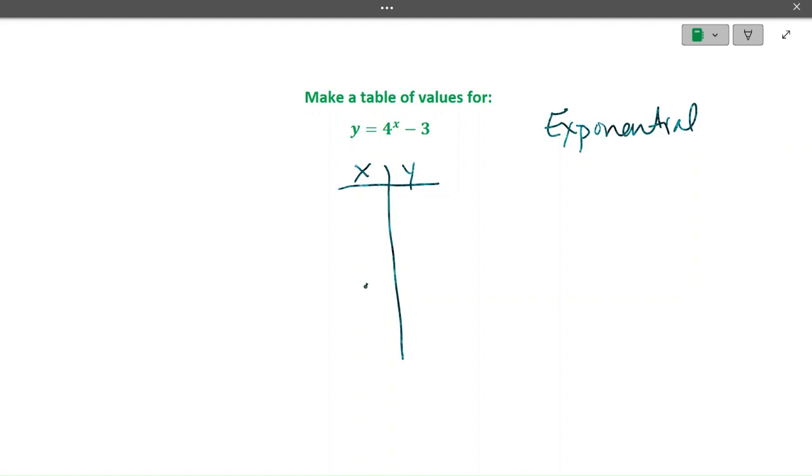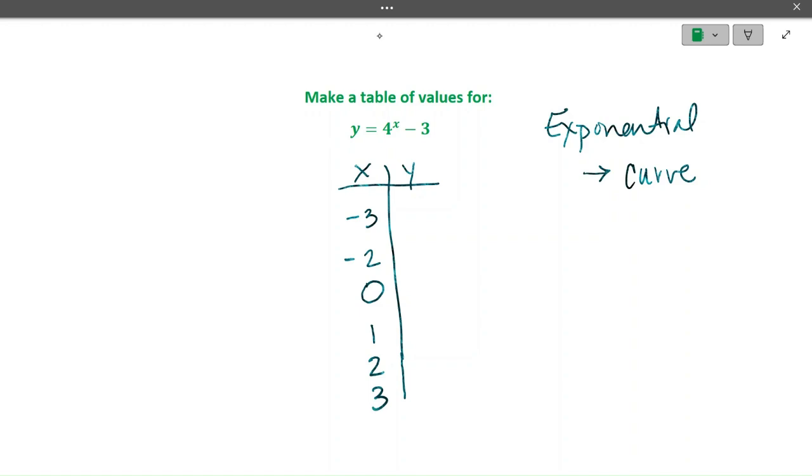So I always like to include 0 because that's always a nice value to plot. We know that this exponential function is going to be some sort of curve, but we're not sure how steep it is or how not steep it is. So I'm going to put on a few more values than I would normally, because I really want to get the feel for how this graph is going to look.